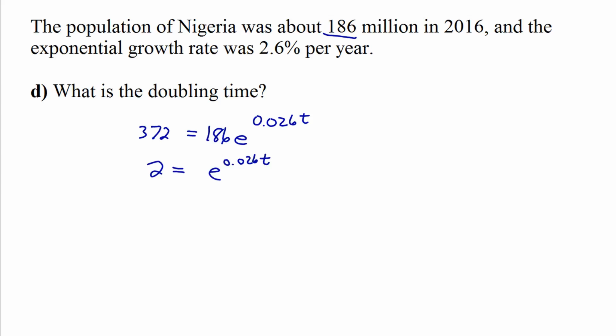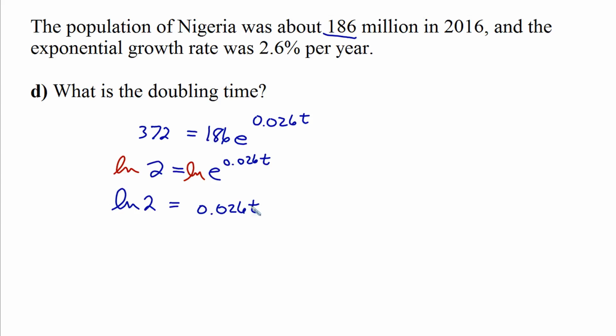So solving this for t, once again, we need to take the natural log of both sides. This gives us the natural log of 2 is equal to the natural log of e to the 0.026t. Simplifying, we have natural log of 2 is equal to 0.026t.